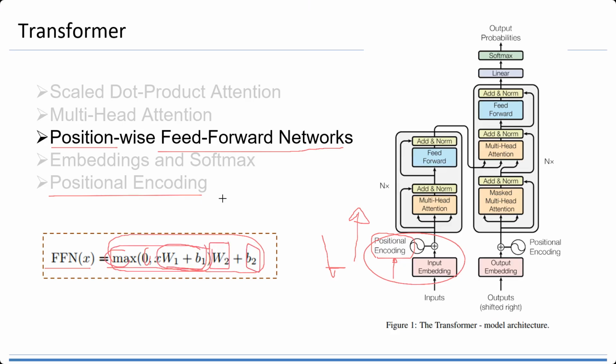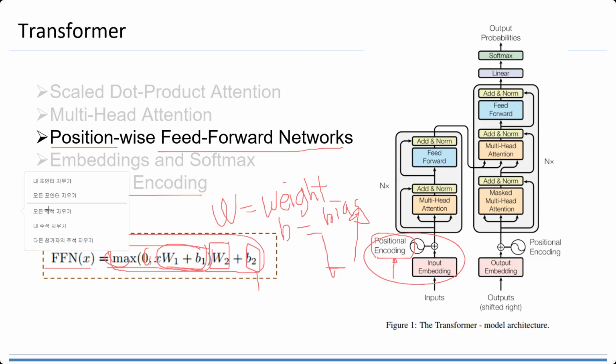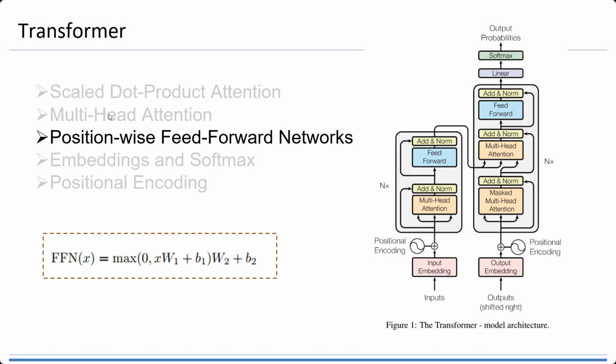So W is the weight. The weight at the initial state is random, but we will learn what is the best weight. And then b is the bias. So the bias means the error or the distance between the real value and the weight. This is the position-wise feed-forward neural network.